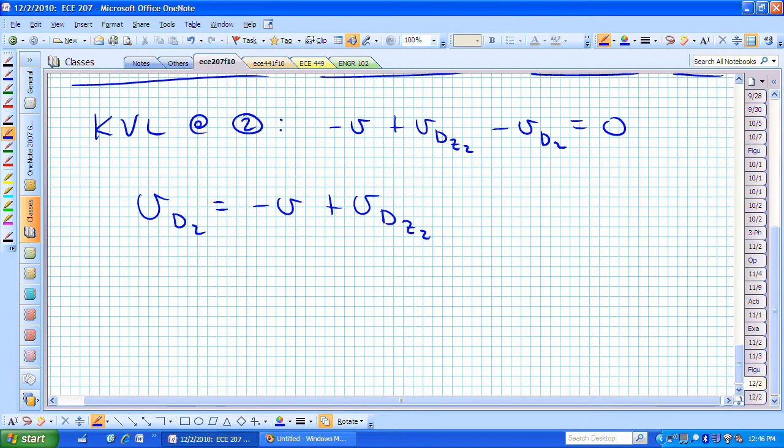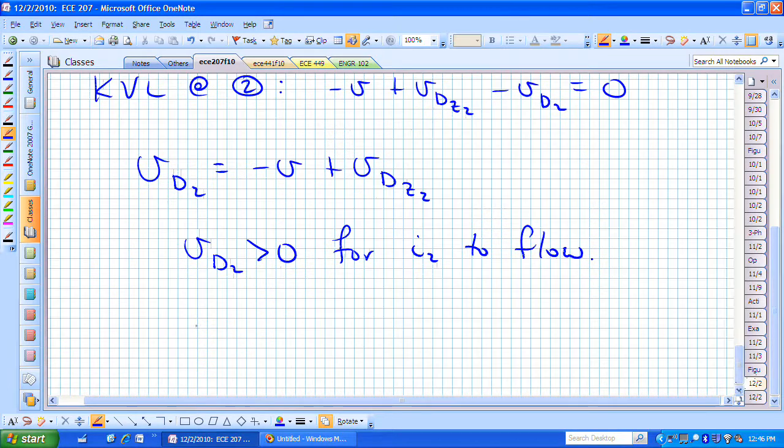And for this I2 to flow, we actually need V sub D sub 2 to be positive. Or for diode 2 to be turned on, we need V sub D sub 2, as we've labeled it, to be positive. That means that we need minus V plus V sub D sub Z sub 2 to be bigger than 0.